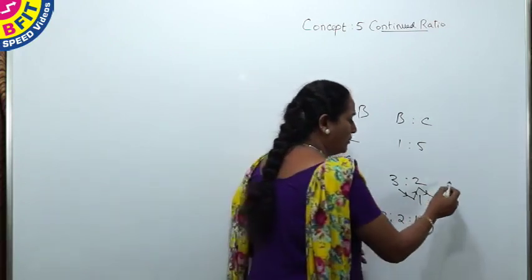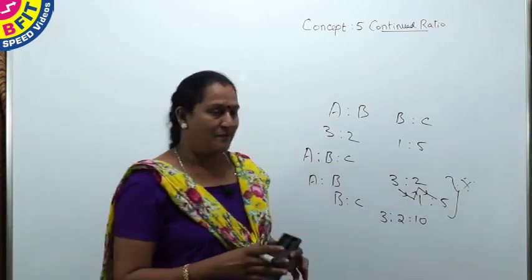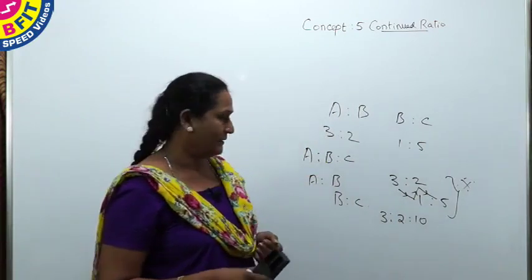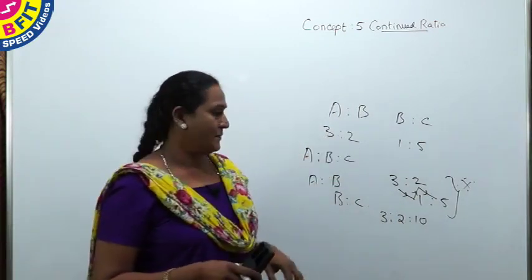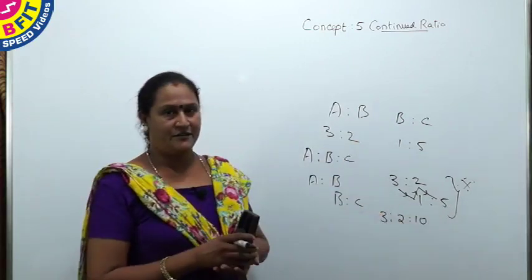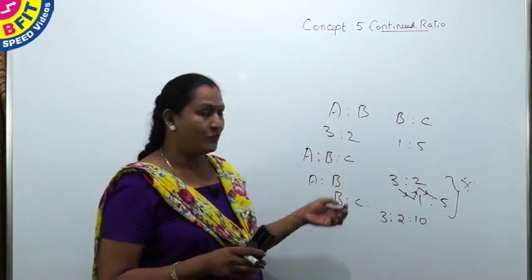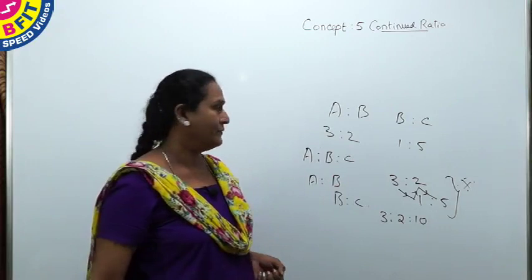This combining of two ratios into a single one has many applications in your exam pattern. So instead of finding LCM and all, just multiply in this pattern, you will get a single ratio. I'll give one simple example of how to use this concept and work it out.